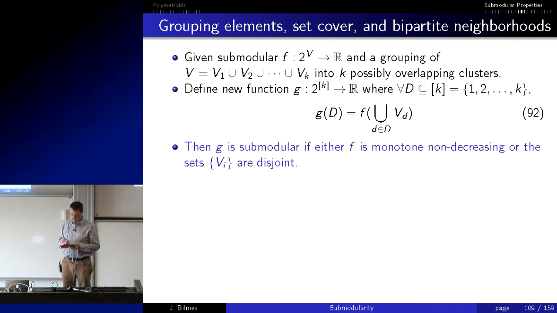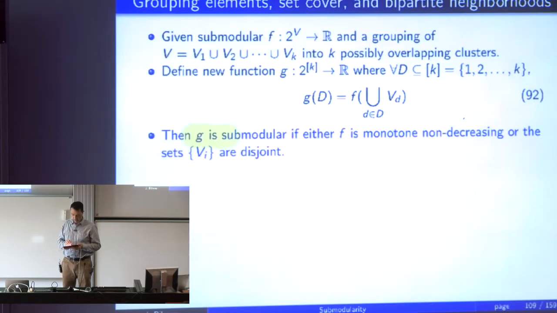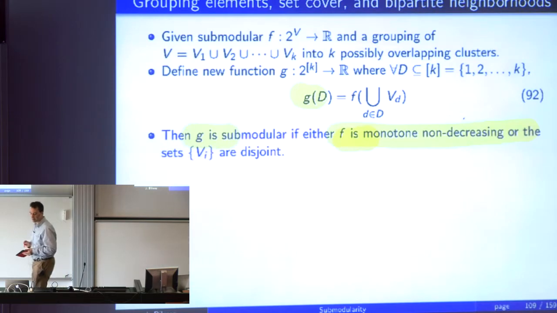So it turns out that g, this function here, is submodular if either f is monotone non-decreasing, or alternatively, if the sets are disjoint. In other words, if it's monotone non-decreasing, the sets don't need to be disjoint. Or it could be the case that f is submodular, but the sets themselves are disjoint. It doesn't have to be monotone non-decreasing. It has to still be submodular. That should be more clearly stated in the slide. But basically, in both cases, f needs to be submodular, but the sets themselves don't need to be disjoint.